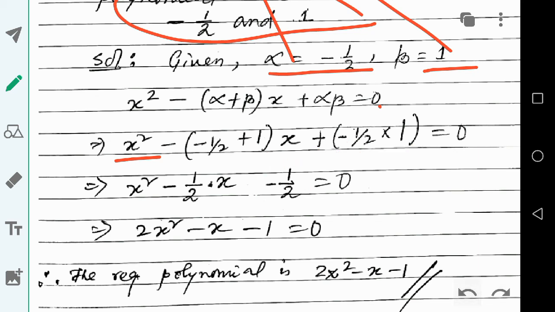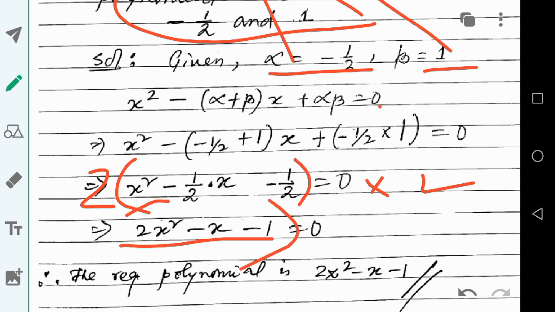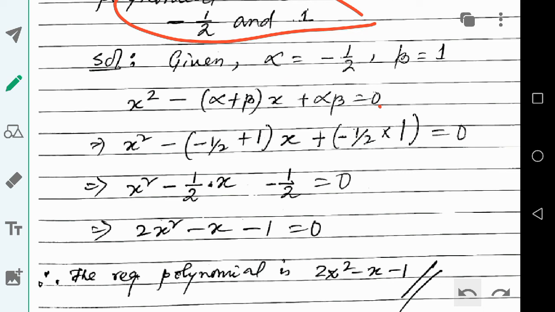Now the polynomial will be obtained after cancelling these 2's, so let's multiply both sides by 2. Doing so we have got 2x square minus x minus 1 is equal to 0, and the left hand side is the required polynomial. That's how we can solve such problems if only the zeros are given.